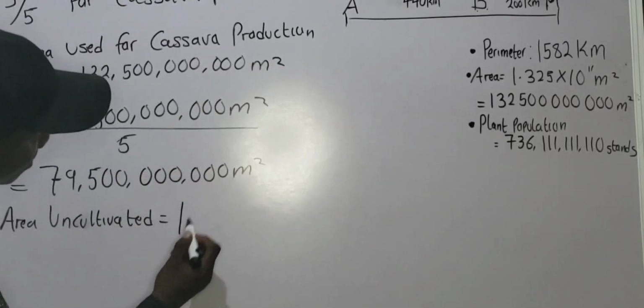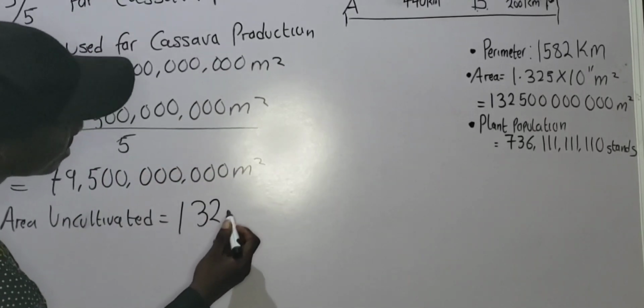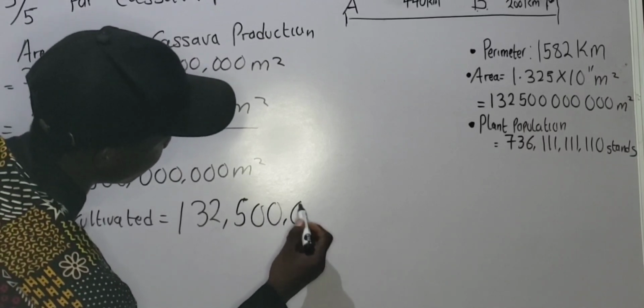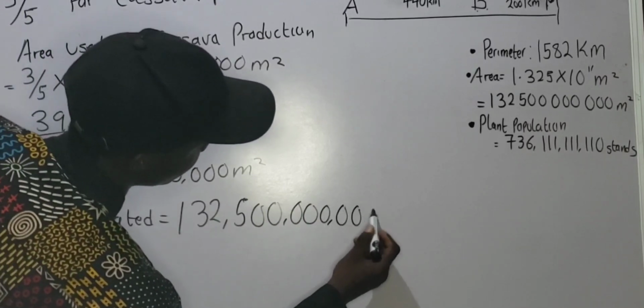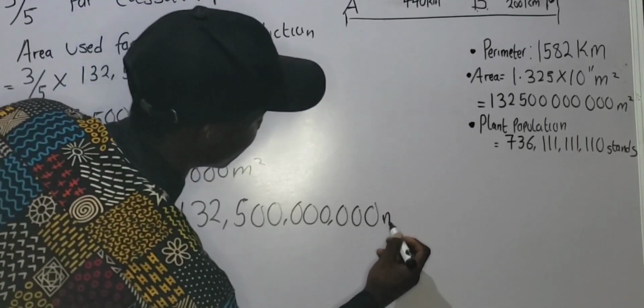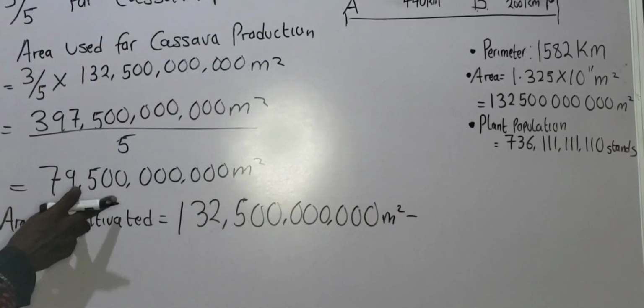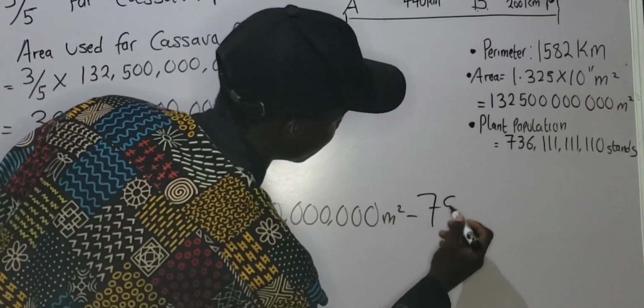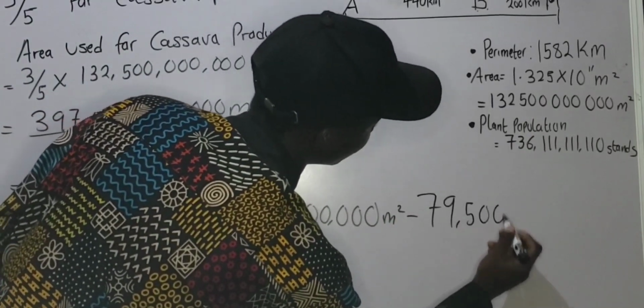That is what? 132 billion 500 million meters squared minus the area that was used for cassava production, that is 79 billion 500 million meters squared.